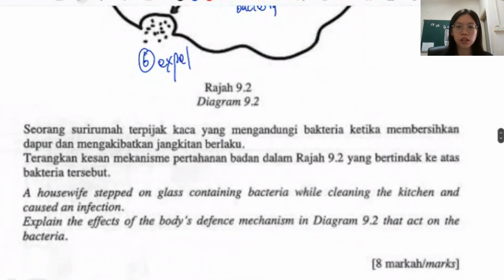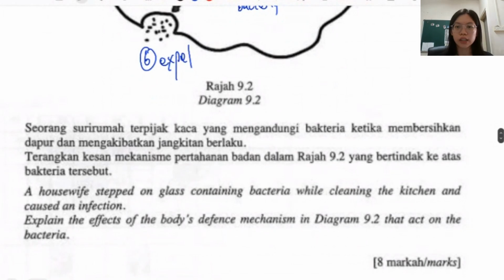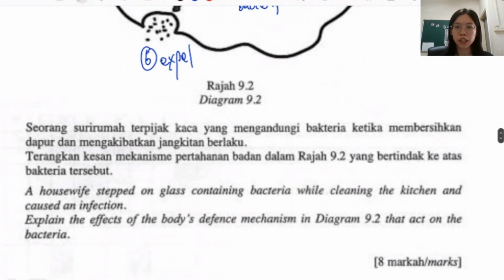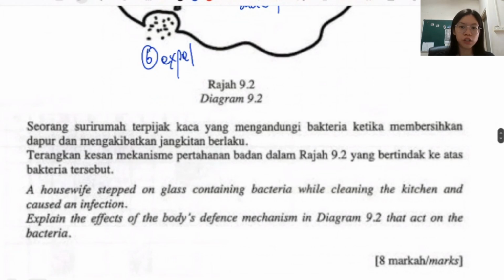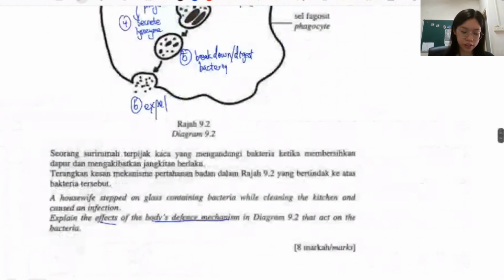And this one they talk about, he stepped on a glass while cleaning the kitchen, causing infection, effects of the body defense mechanism that acts on the bacteria. So explain the effects of the body defense mechanism. It is basically wanting you to explain the phagocytosis.